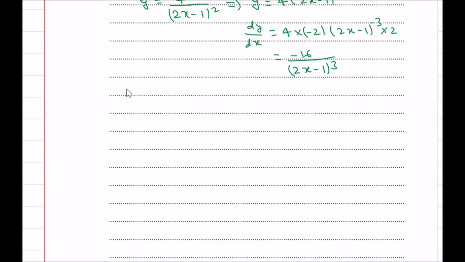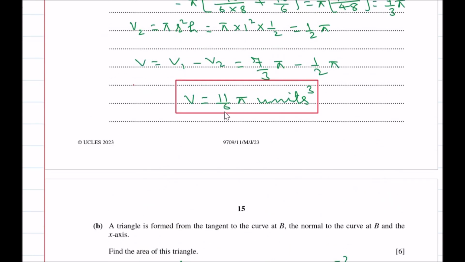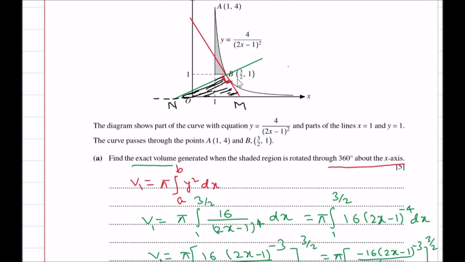Now when x equal to 3 by 2, because here you can see the x coordinate of B is 3 by 2.